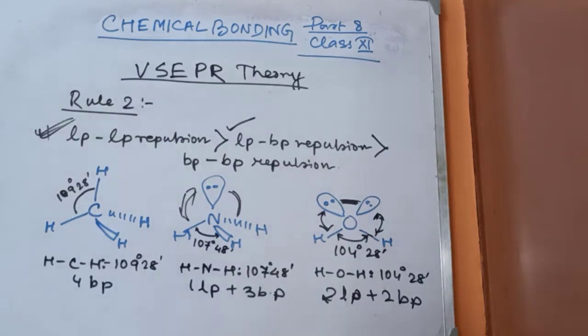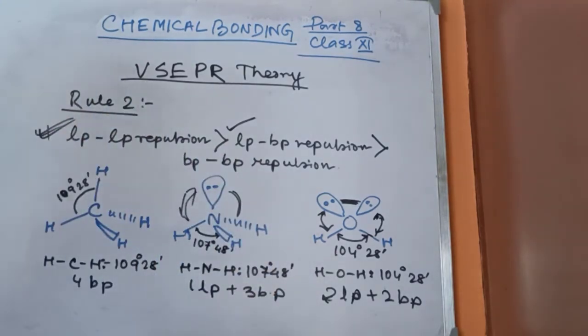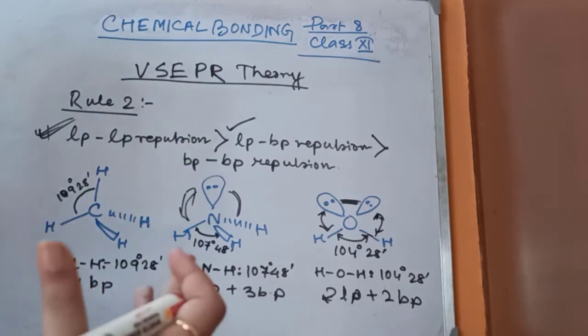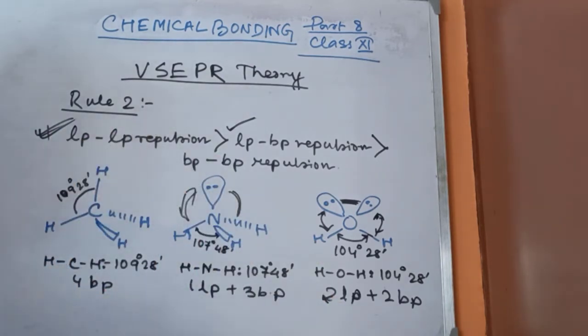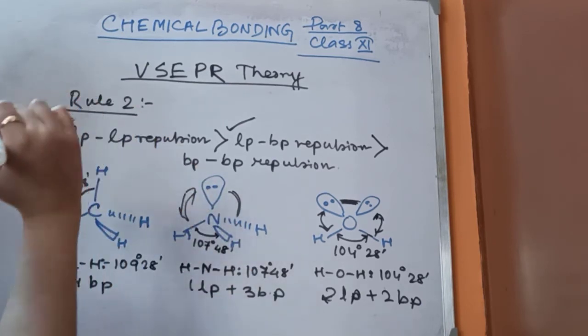Now I'll come to rule 3, which is dependent on the electronegativity of the bonded atoms with respect to the central atom. But a question may arise: why do the lone pairs have a stronger effect than the bond pairs? The reason is that the lone pair is localized or concentrated only on the central atom.